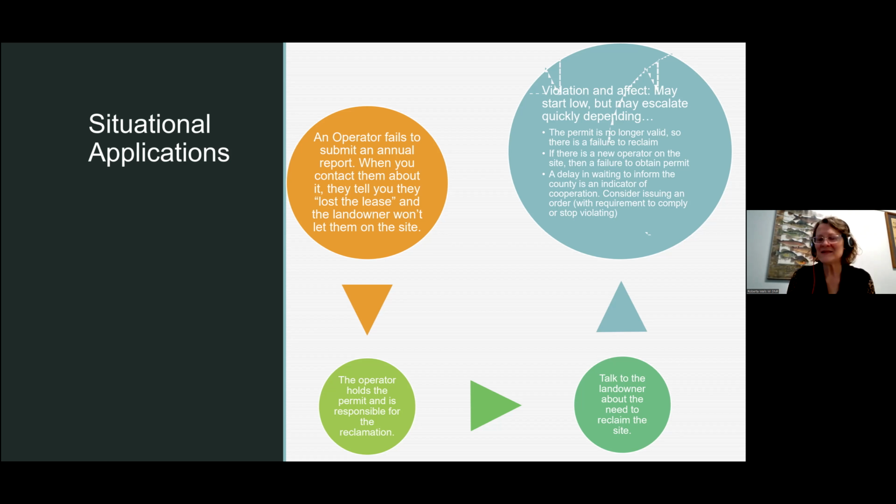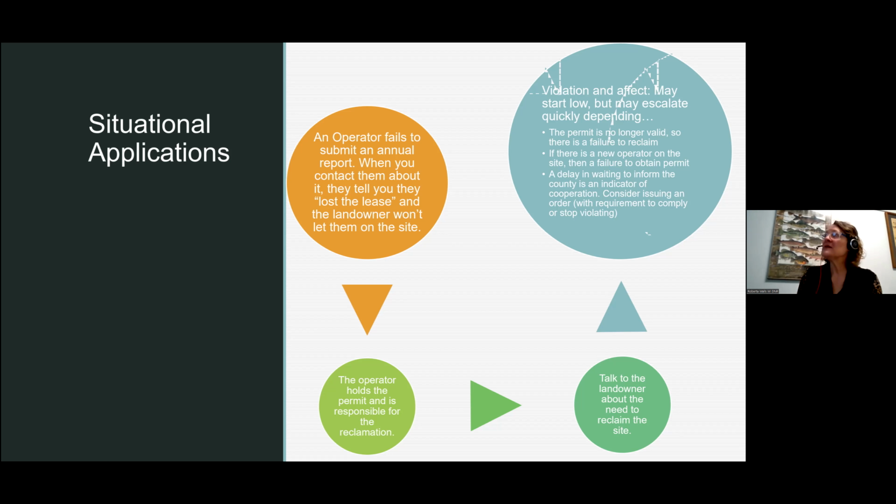However, you may need to sit down and talk with that landowner to get them to understand that by preventing the operator from coming on the site and doing reclamation, they may be stepping into the shoes of reclamation. That in and of itself may turn the situation around.